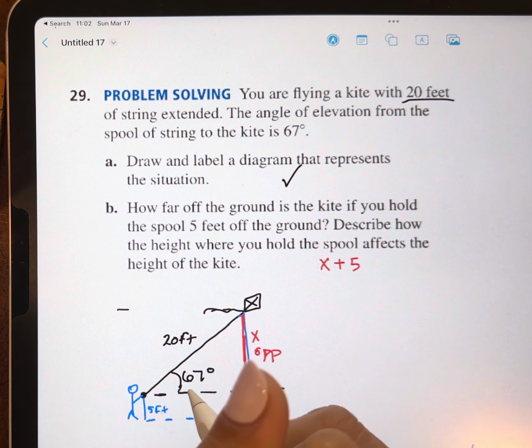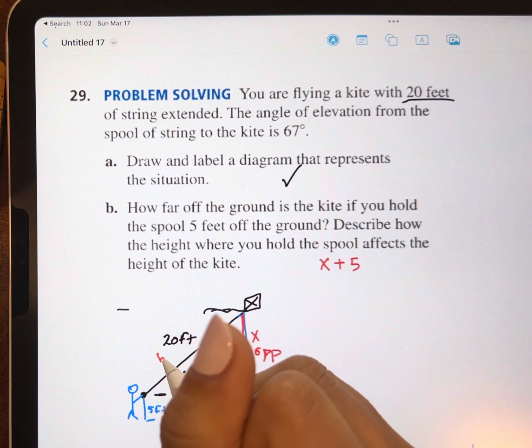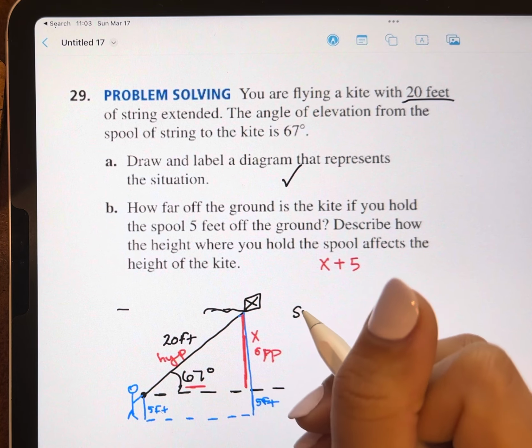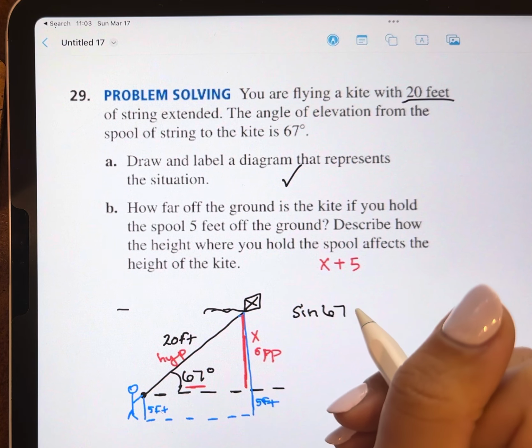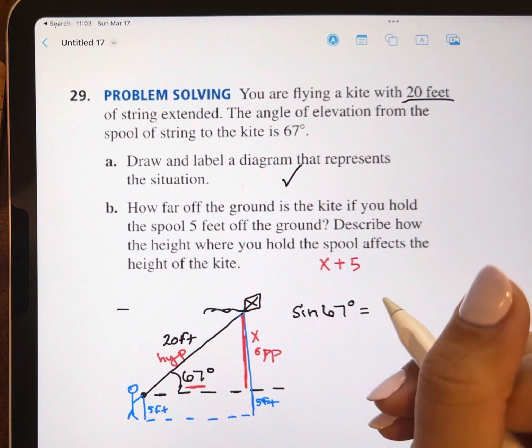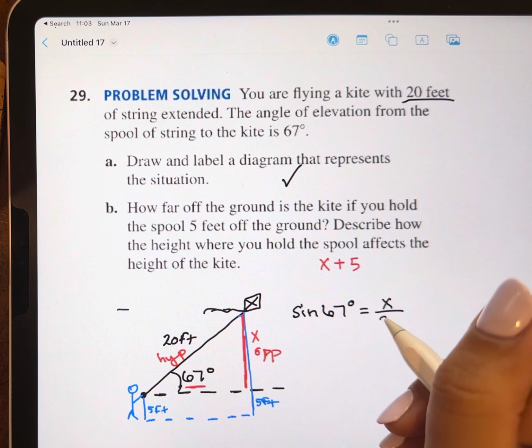And let's go. This is 67, and this 20 is the hypotenuse. So I say sine of 67, sine of an angle always is opposite, which is x, over hypotenuse, which is 20.